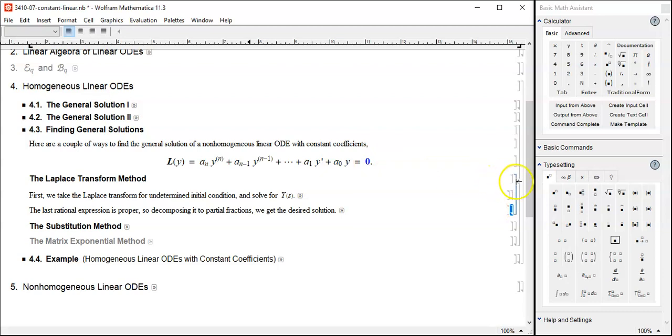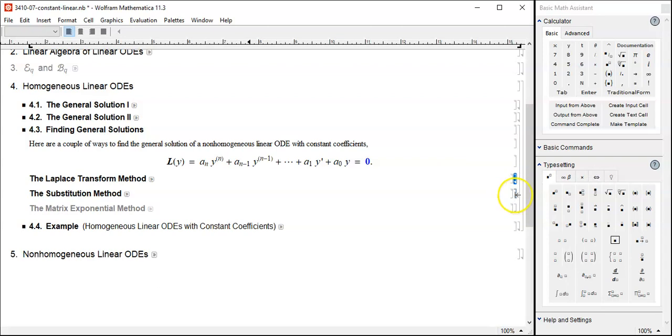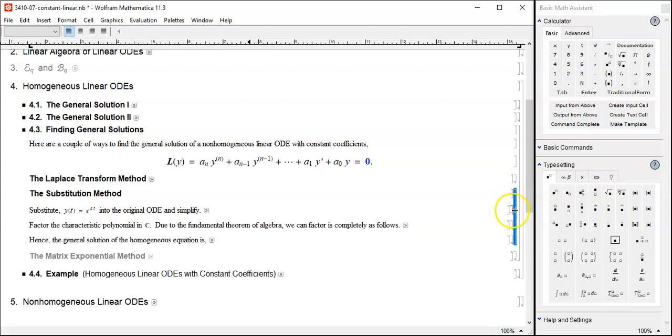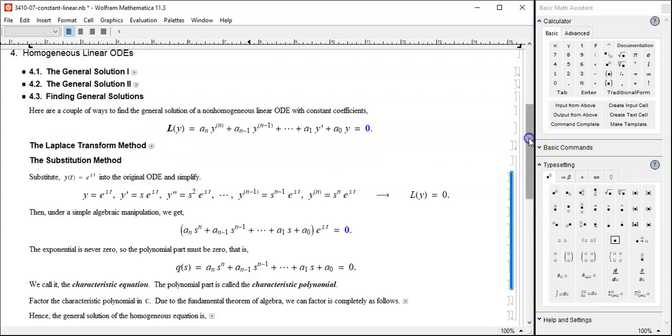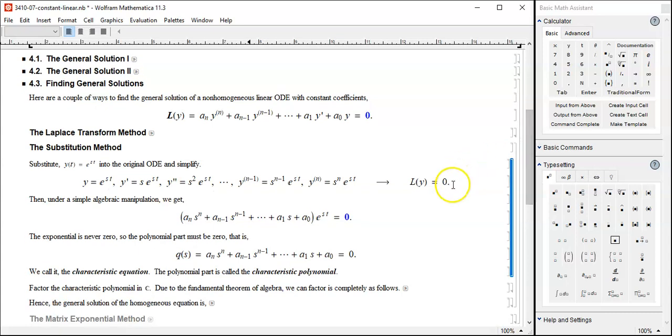Now, what if you do the alternative method here, the substitution method? It works kind of like this, but it's a bit imperfect, at least at our level. We begin with an educated guess, e to the st power, and take all those derivatives and put those into the original equation.